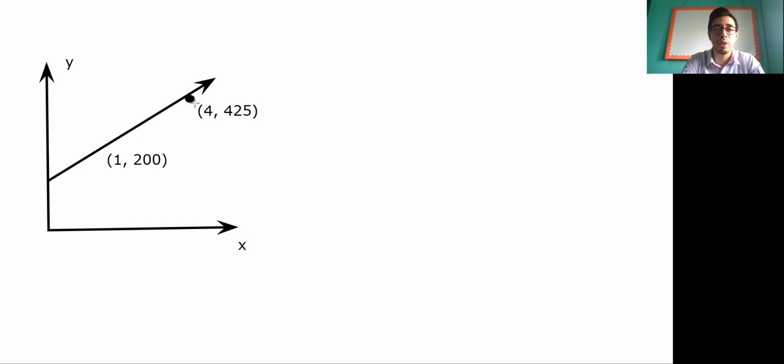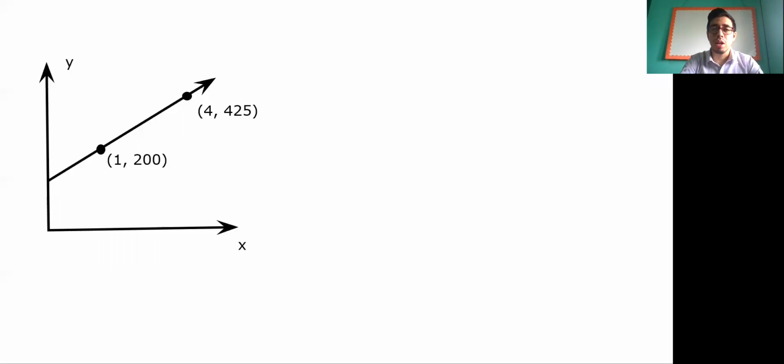Maybe if I draw this in here, and I draw the other one. These are the 2 points I have. So what can I do with these points? I need to find the slope of this graph using these 2 points. Remember, I only need 2 points to find the slope.